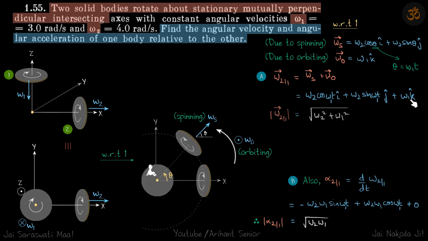Omega 1 k cap is constant, so its differentiation will be 0. So again, this is the vector form. If you need to know the magnitude, just root of this square plus this square, and again sine square plus cos square will be 1, and our answer will be omega 2 omega 1.